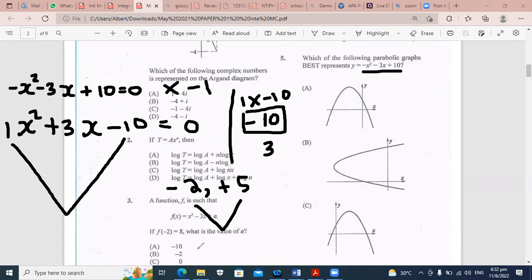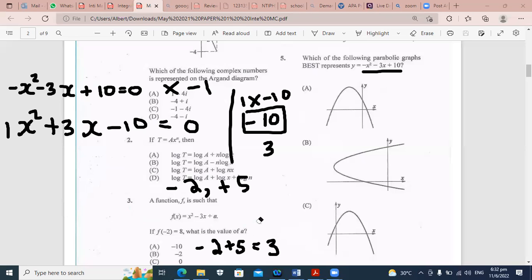True or false? True. -2 times 5 gives us -10. Let's add them now. -2 plus 5 gives us +3. So yes, you are indeed correct. The two numbers are -2 and +5.